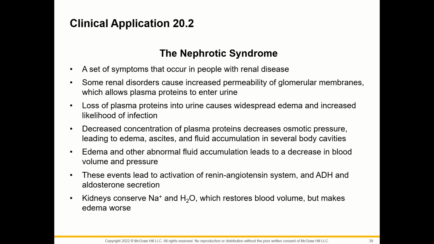Decreased concentration of plasma proteins decreases the osmotic pressure, leading to edema, ascites, and fluid accumulation in several body cavities. Edema and other abnormal fluid accumulation lead to a decrease in blood volume and pressure. These events lead to activation of the renin-angiotensin system and ADH and aldosterone secretion. Kidneys conserve sodium and water, which restores blood volume, but makes the edema worse.